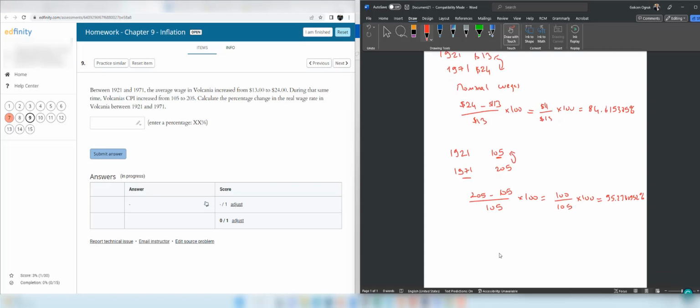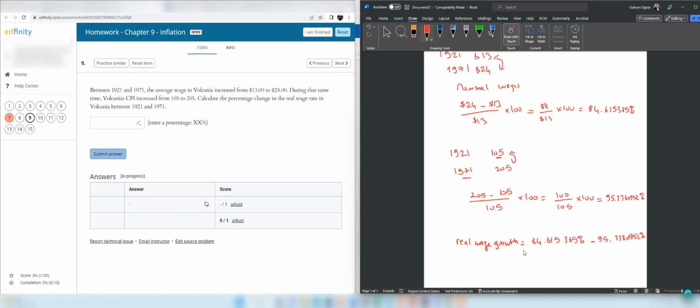Now, when we calculate the real wage growth, it is nominal wage growth, which is 84.615385%, minus 95.2380952%.